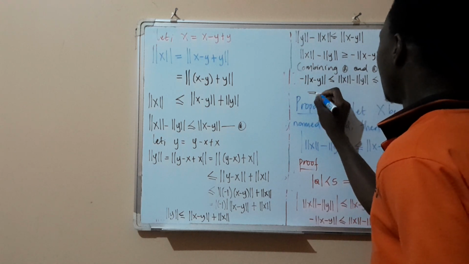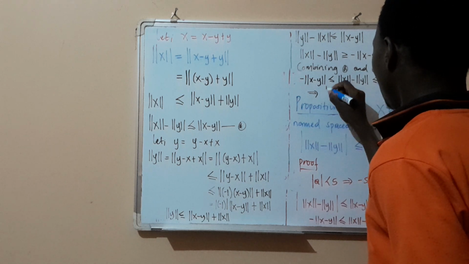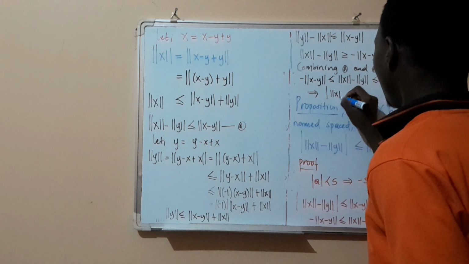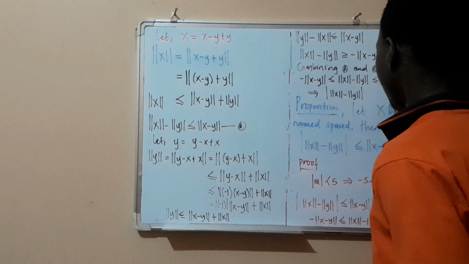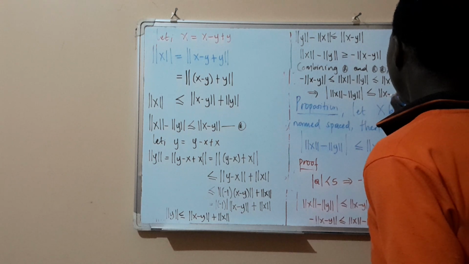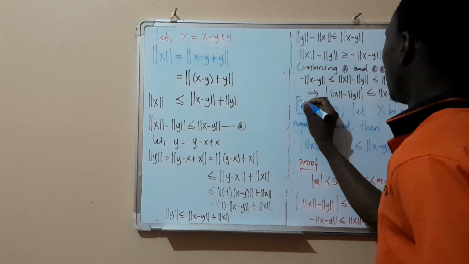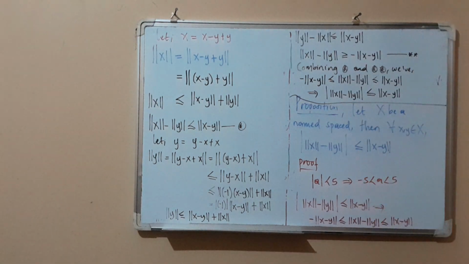So this implies that the absolute difference of the norm of x and the norm of y is less or equal to the norm of x minus y. So that's what I'm having.